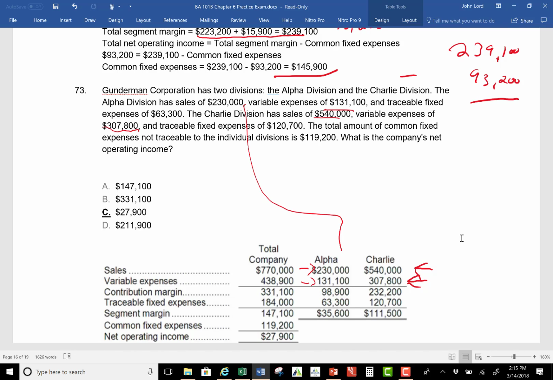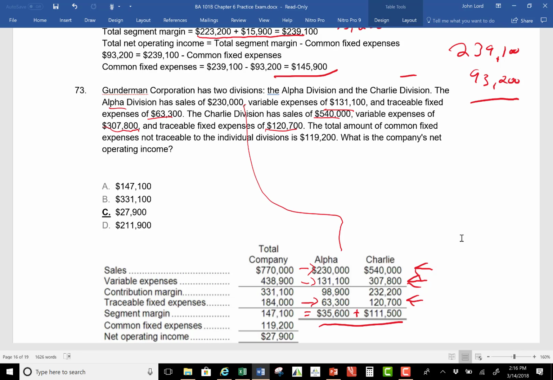The traceable expenses for each are 63,300 for Alpha and 127,700 for Charlie. So we now have our two segment margins. We add those together, and that gives me the overall segment margin of 147,100.